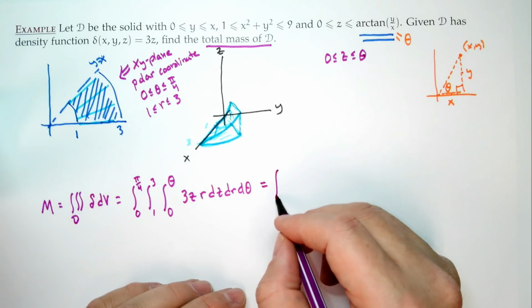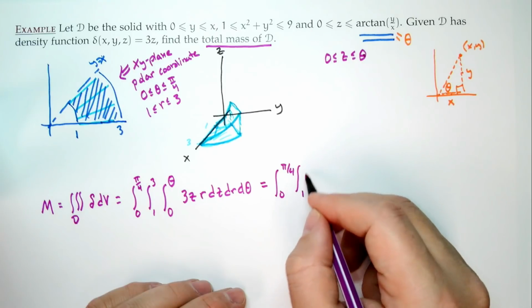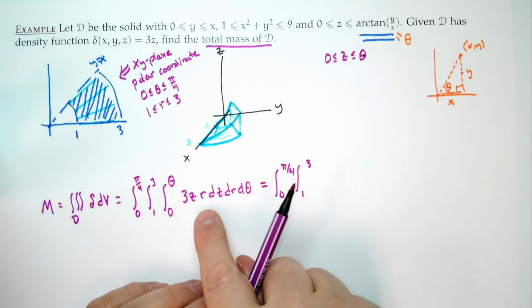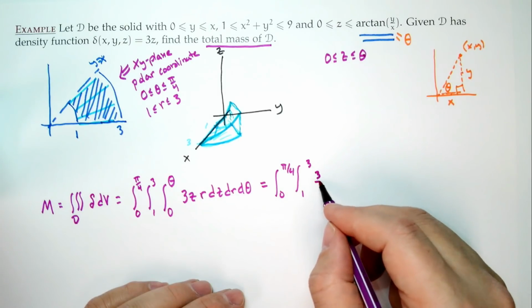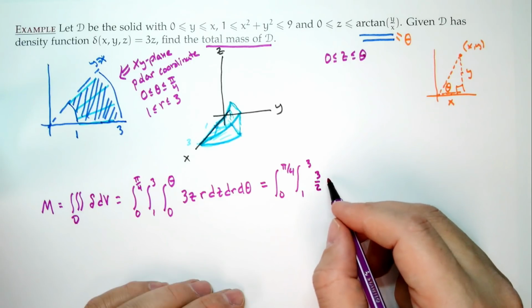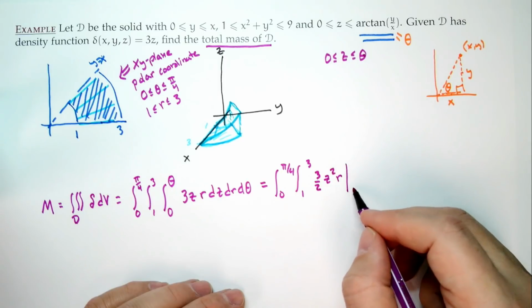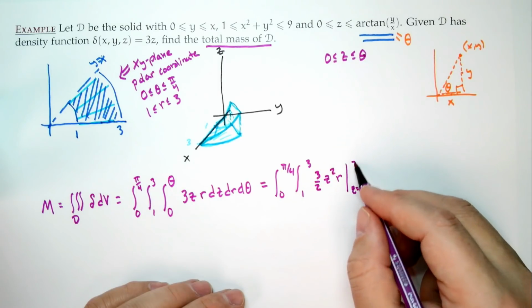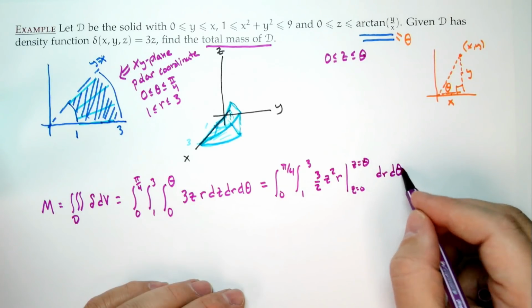All right, so we go 0 to pi over 4, 1 up to 3. Now we're integrating with respect to z. So we integrate with respect to z, that'll be 3/2 times z squared times r, evaluated from z equals 0 to z equals theta, and dr d theta.